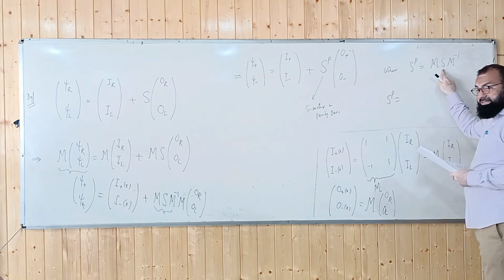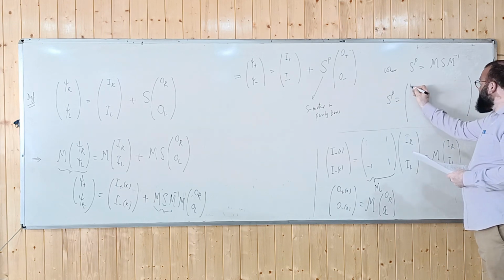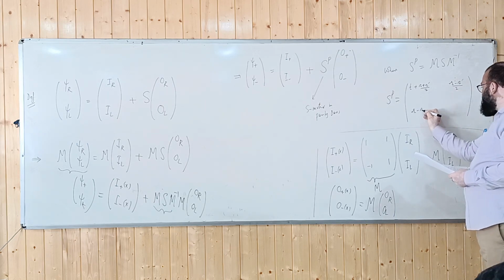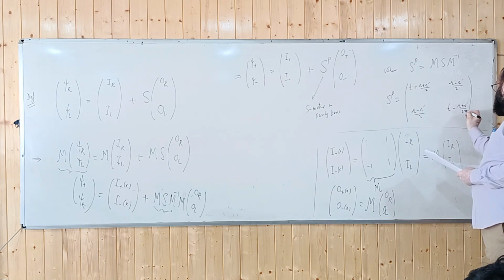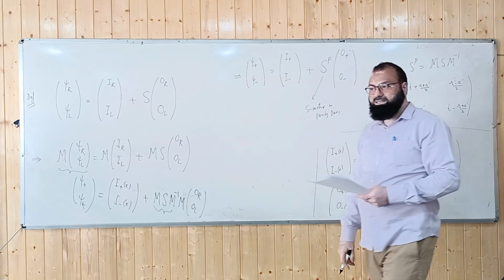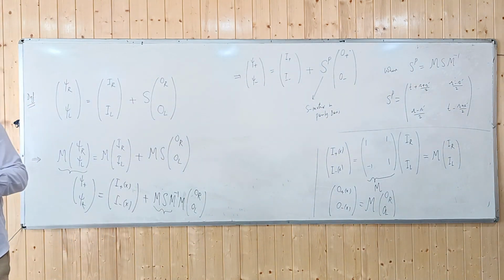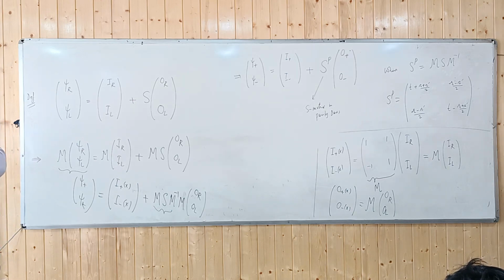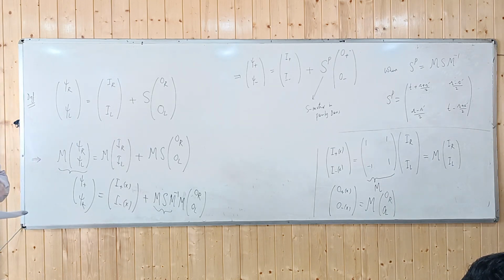You know the form of S, you know the form of M. So this S_P is equal to T plus R prime by 2, R minus R prime by 2, R minus R prime by 2, T minus R plus R prime by 2. Clear? So this is the relation between the scattering matrix in the parity basis and the scattering matrix defined without the parity basis. Got it? Everybody followed it? Okay.